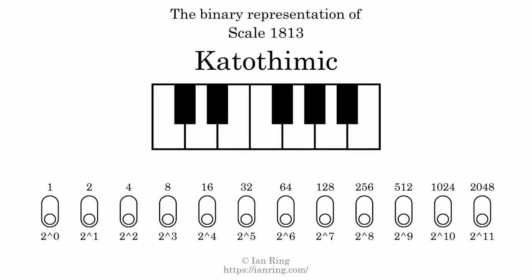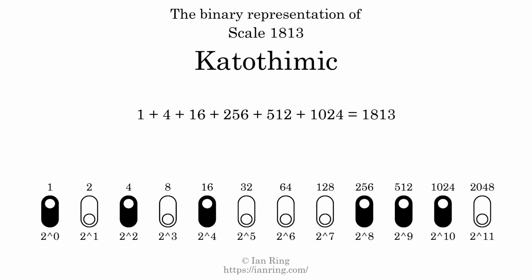The binary representation of this scale is determined by mapping tones of the scale to binary digits. Each binary digit represents a power of 2. To get the scale number, we add the powers of 2 together. The powers of 2 that are present in the scale, all added together, equals 1813.